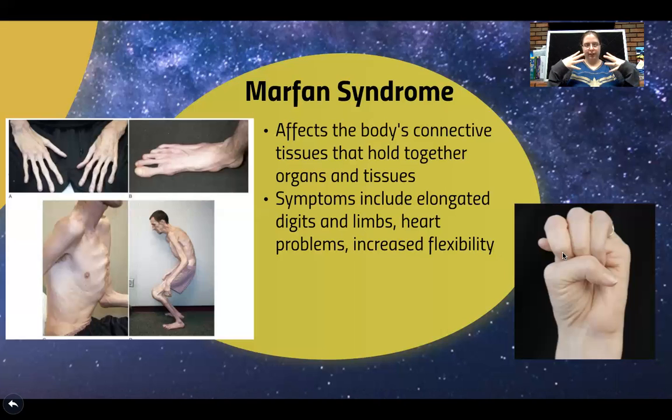So it has to contract and constrict and beat in and out, as well as the blood vessels coming out of it, the aorta, as well as the vena cava going into it. So it has to be flexible yet strong. And a lot of times what we see with Marfan syndrome is you got the extra flexibility, but it actually decreases the strength and causes more heart problems because of that.